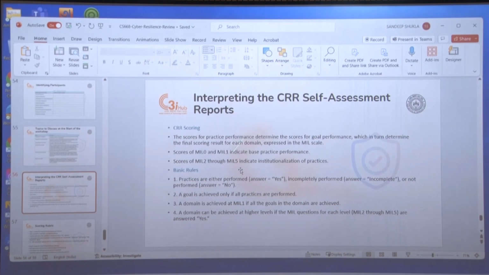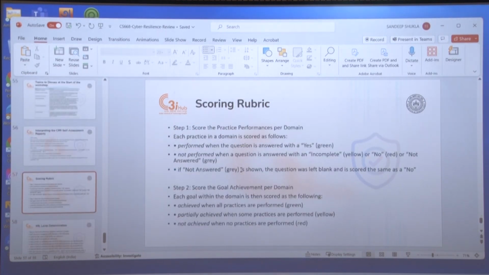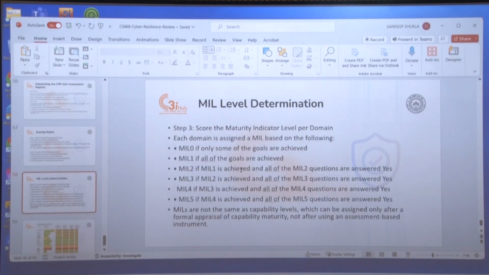Then we went through interpreting the self-assessment report, with some basic rules that we already went through. In the report that I showed you, MIL 0 means some goals are achieved, and MIL 1 means all goals are achieved.